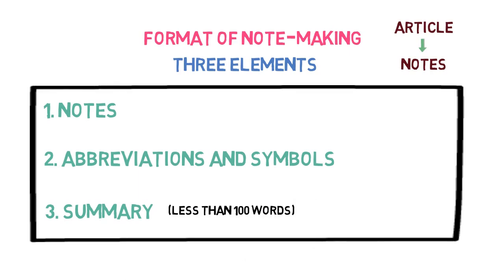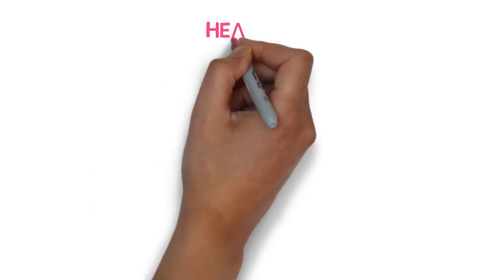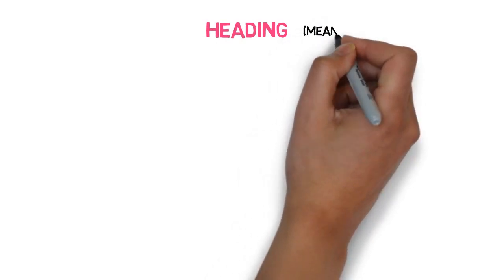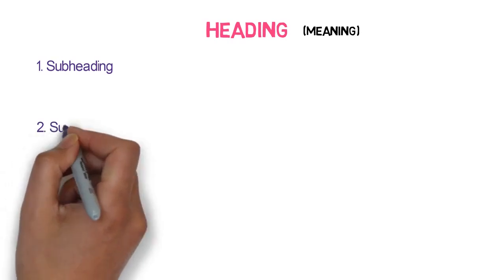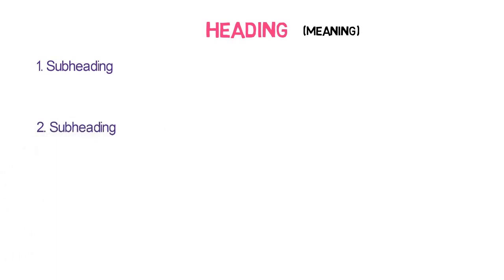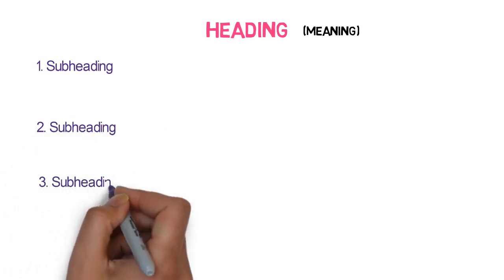Let's understand the first element, how to write a note. First comes the heading or title of the note. Choose a title in such a way that it identifies or conveys the main meaning or idea of the article. Now, this article will be divided into various subsections, or we can say the subordinate division of the main topic.